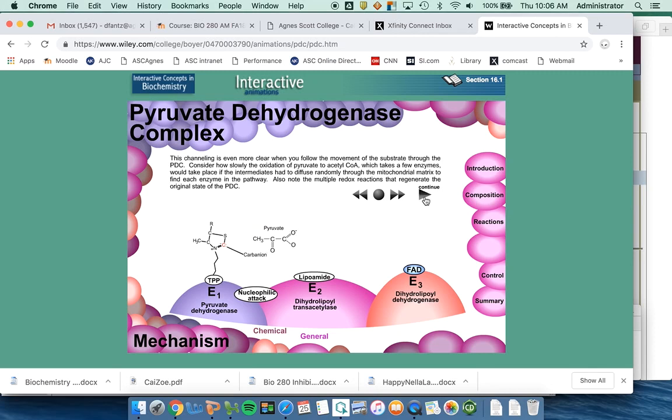Okay. So it forms a carbanion, and that carbanion is going to attack the carbonyl group of the center of pyruvate. Carbon dioxide is going to leave as a leaving group. We've got these 2 carbons now attached to TPP, and that carbonyl becomes reduced to form this active acetaldehyde group. Now, remember the next step is we're going to pass these 2 carbons onto the lipoamide.